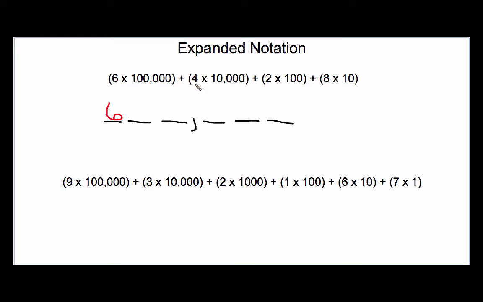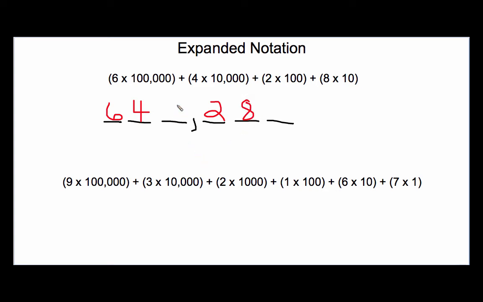My next number is 4 times 10,000. So in the 10,000s place value, I'm going to come over here and write a 4. Next, I have 2 times 100. So I'm going to come over here to the hundreds place and put my 2. Then my next one is 8 times 10. So I'm going to put my 8 in the tens place.